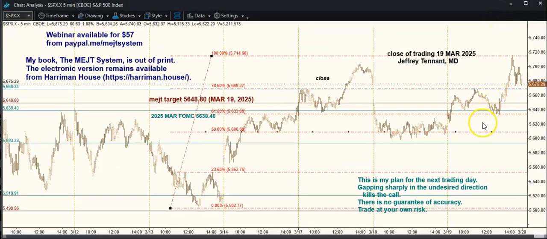But this is not the kind of action I like to see after an FOMC announcement, because it implies we're going to have a steep drop first, and if we do get the steep drop first, I think it'll be a buy, but until that happens, I have lower targets in a pattern with an early low, and that's today's call.